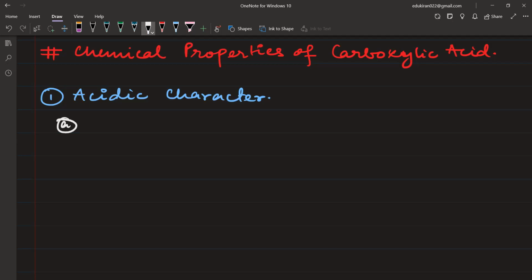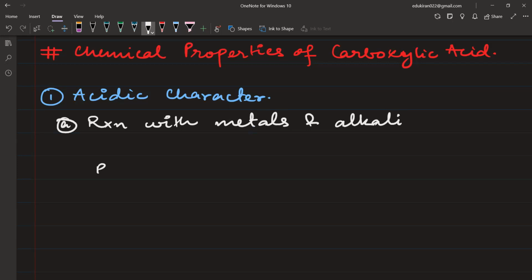In this, first of all, the reactions with metals and different types of alkalis. Reaction with metals and alkali. So for example, if you have any carboxylic acid, general RCOOH plus active metal.